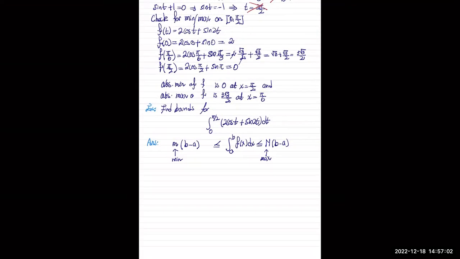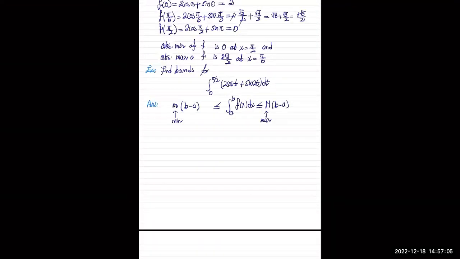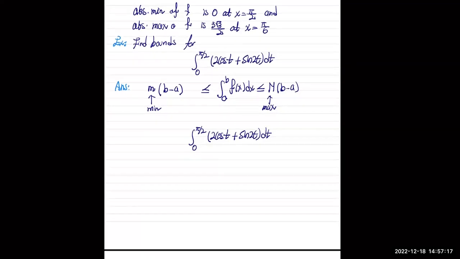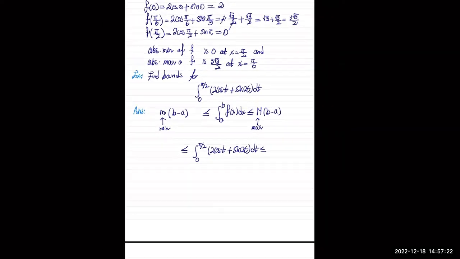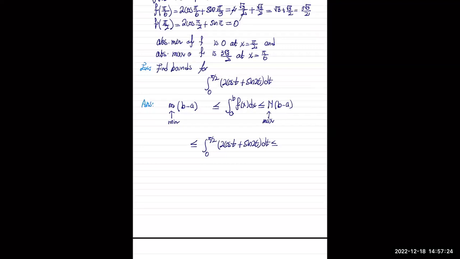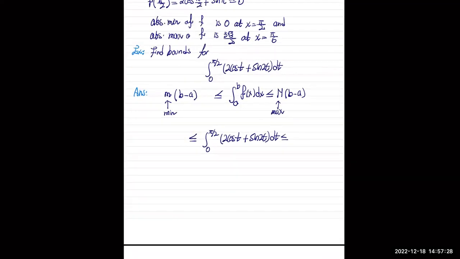Okay, so since we have our little m and capital M from this last problem, then we can say that this integral is between little m, it was 0. The absolute min of f is 0.